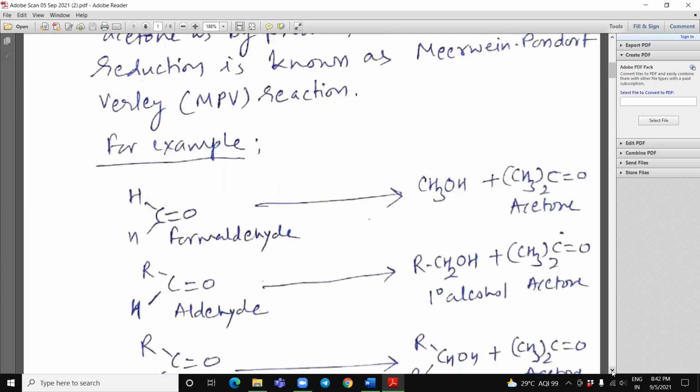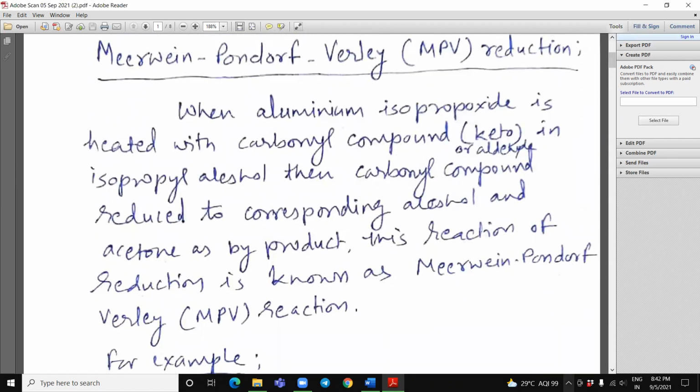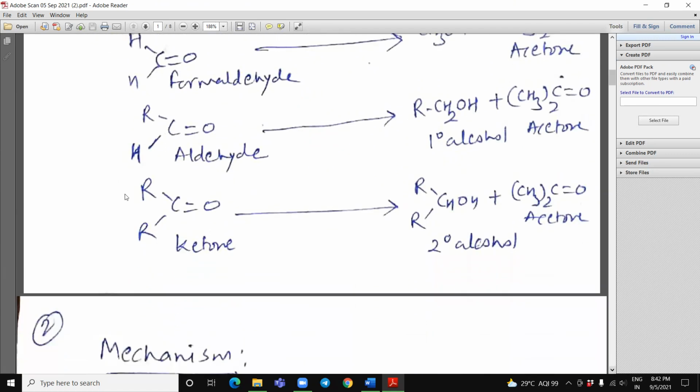For example, if formaldehyde is reduced in this condition, that is aluminum isopropoxide, then it will give methanol and acetone as a byproduct. If aldehyde is reduced, it will give primary alcohol and acetone. If ketone is reduced, it will give secondary alcohol and acetone.